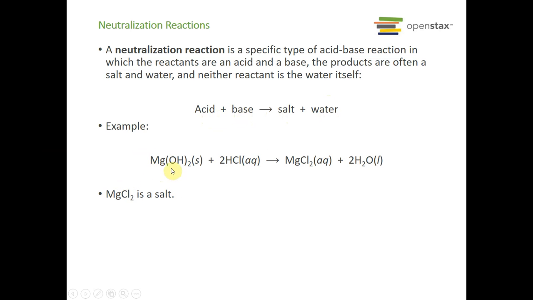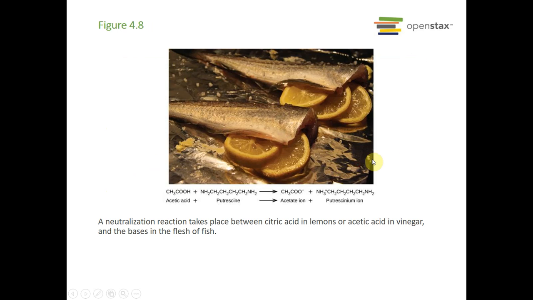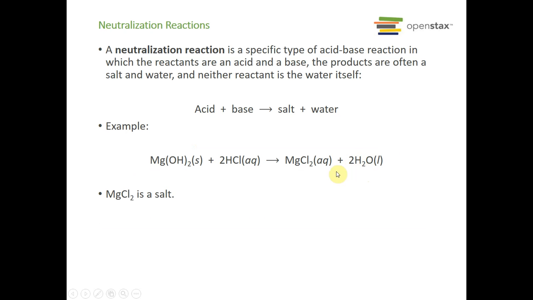So we have magnesium hydroxide, that's the base, plus 2HCl aqueous, that's the acid. Magnesium hydroxide happens to be insoluble. It goes to magnesium chloride, which is soluble, plus 2H2O, liquid.